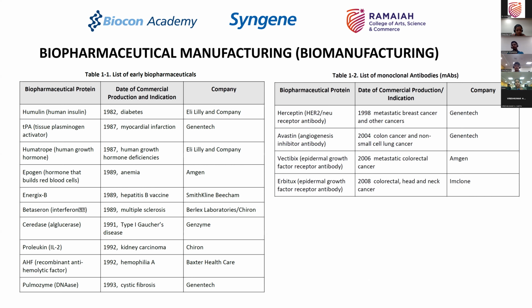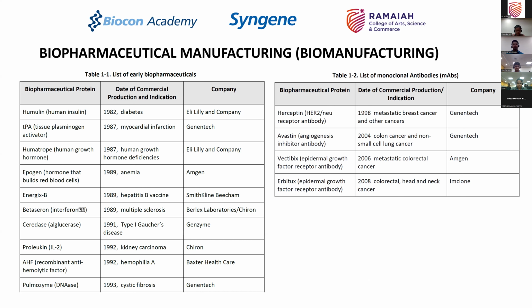Here I'm providing you a list of other biopharmaceuticals and the company which was the innovator, meaning the first company which did this work. Of course, for all the products listed on both tables 1 and 2, there are a lot more manufacturers. Anybody who is not an innovator and is manufacturing today is called a biosimilar manufacturer.